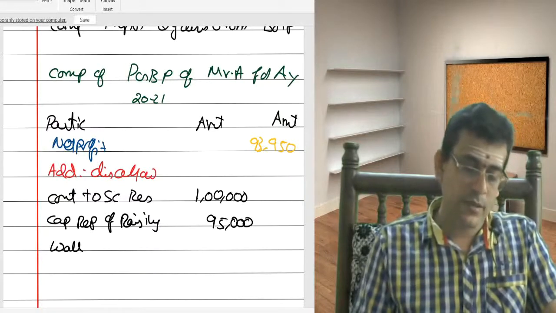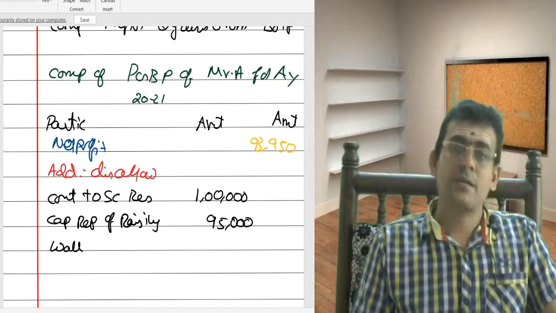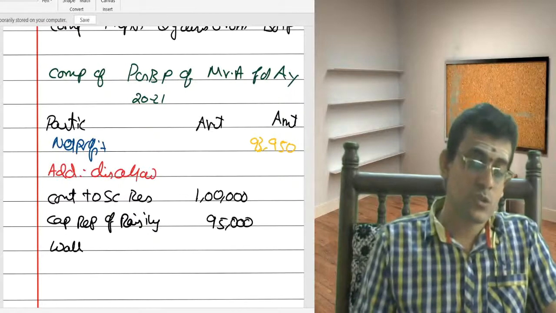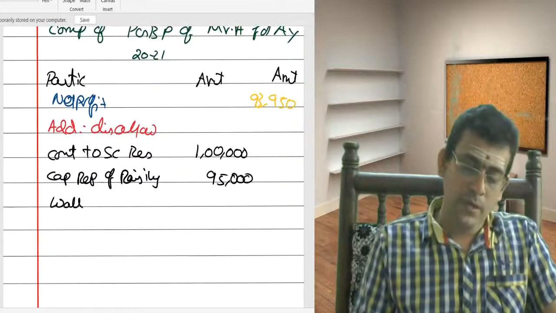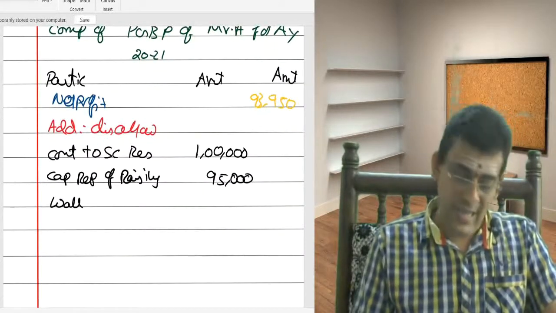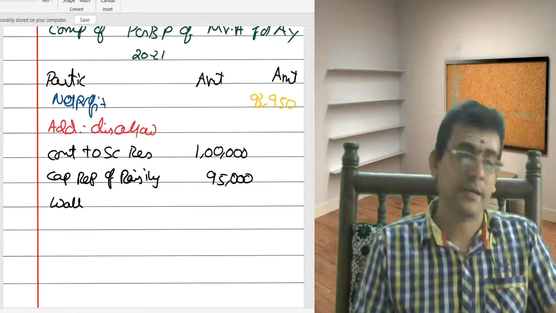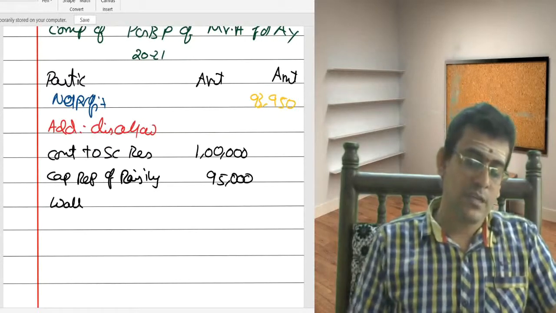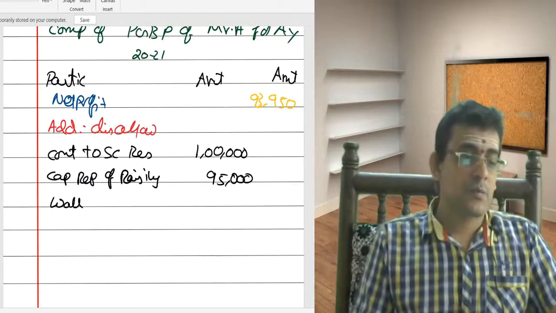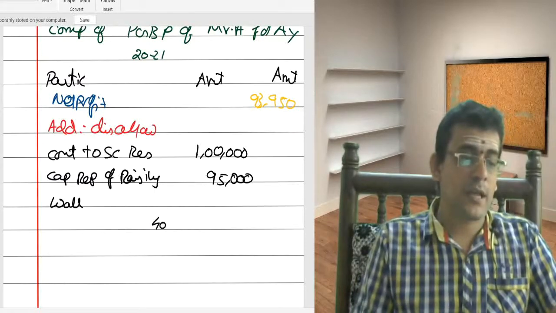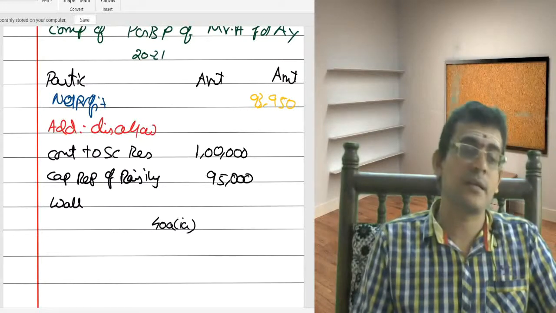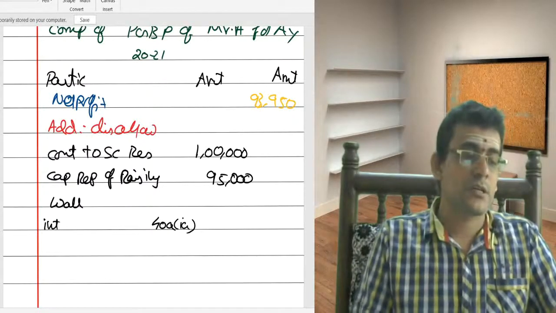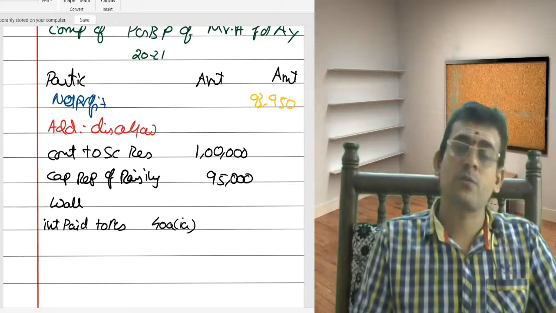Then the next one. What is the next adjustment? Interest includes 12,000 paid to a resident on which tax was not deducted. Now, which section is that coming into? As per section 40A, subsection 1A, whenever interest is paid to a resident, what does 40A subsection 1A say?